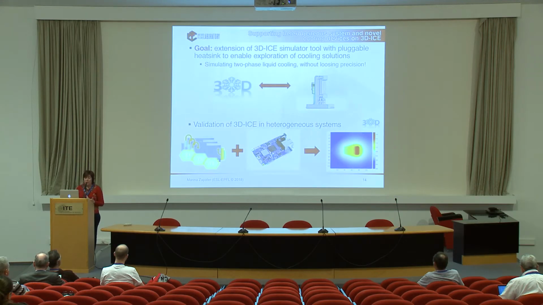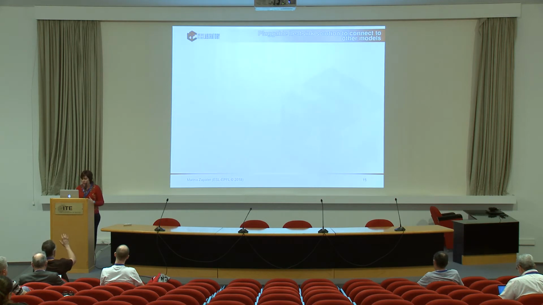So that we can simulate any other system that we want. And also we wanted to validate that 3D-ICE worked in a new case that we have today, that is heterogeneous systems, right? So we wanted to make sure that what we did for 3D-ICE in 2010, our validations for our chips and everything, still stands when we are targeting processors of today, that may have a mixture of different types of chips inside.